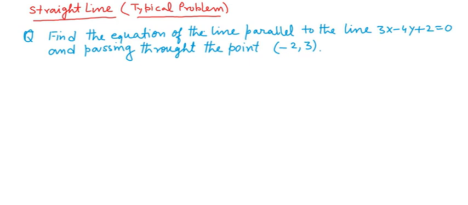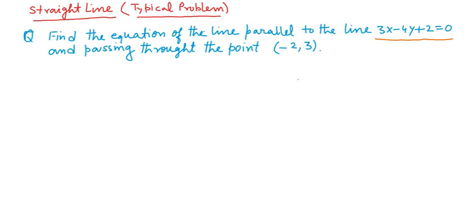How we will find the equation of a line parallel to the line 3x minus 4y plus 2 is equal to 0 and passing through the point minus 2, 3. See, in this problem, we have an equation of a line 3x minus 4y plus 2 is equal to 0.